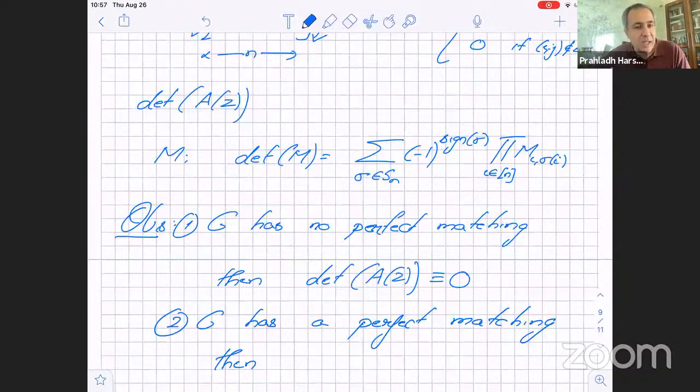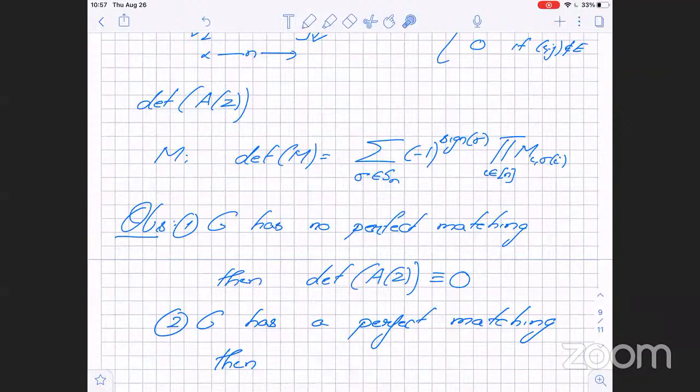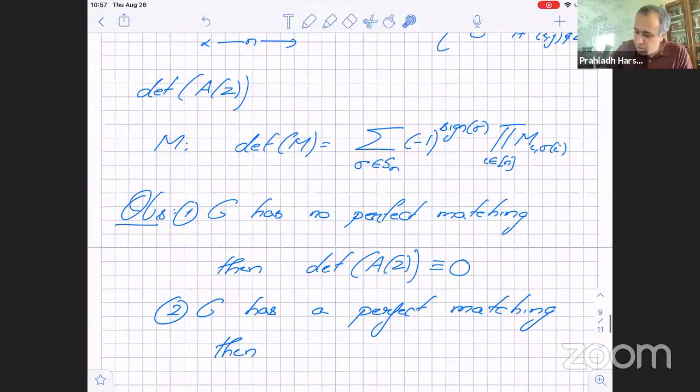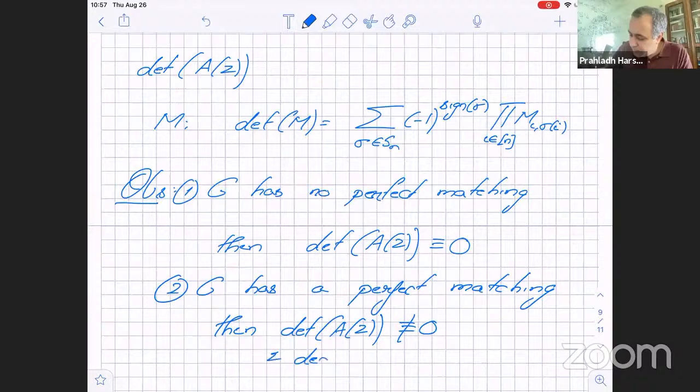If it had a perfect matching, when sigma corresponds to that particular perfect matching, you will pick up those terms. Can it get cancelled with anything else? No, because you're choosing a different set of variables each time. Therefore, in this case, I want to claim that the determinant of AZ is not 0, and furthermore, what is the degree of this determinant of AZ? What's the max? It's a degree n polynomial.